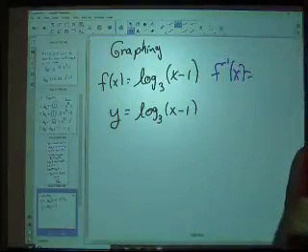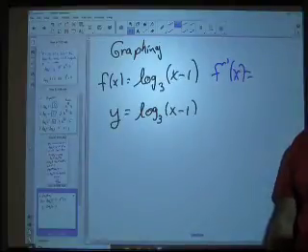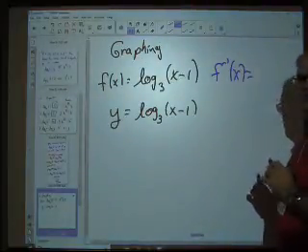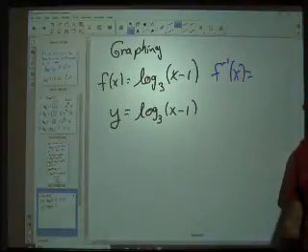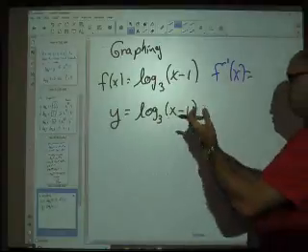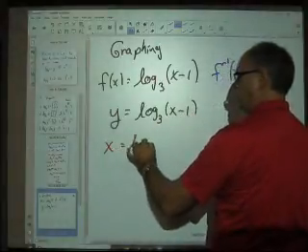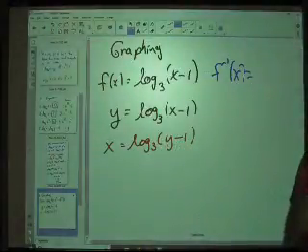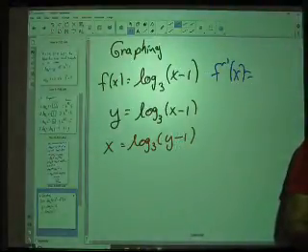Instead of writing it as f of x, replace that with y, so it's y equals now instead of f of x equals. And then you said we can do what? Replace y with x. So because it reflects across the line y equals x, we can trade out x and y. Like that? Would you agree?